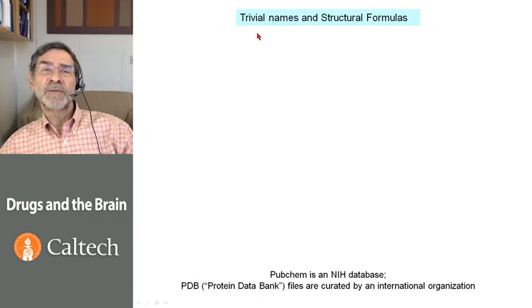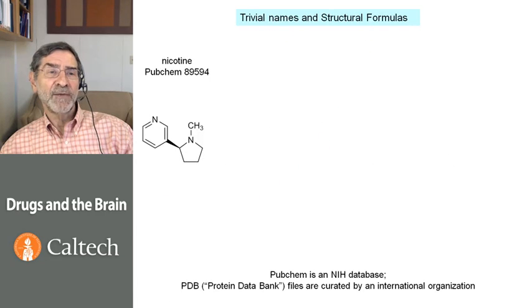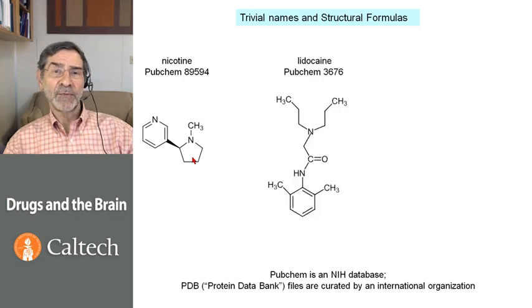In terms of trivial names for drugs and structural formulas, we're going to give as an example nicotine, and throughout this course we're going to use nicotine as an example. It figures prominently in my own research.